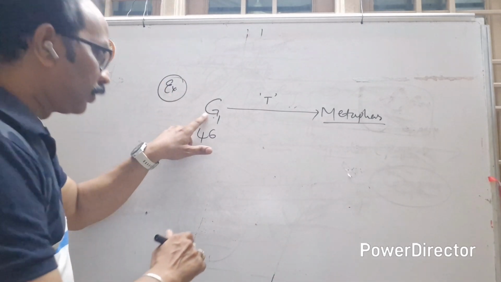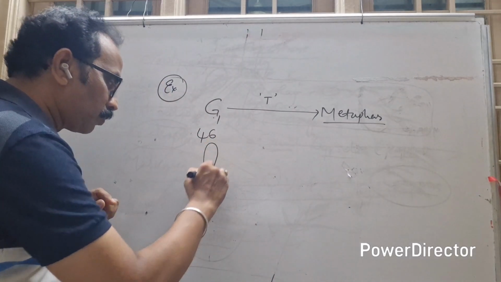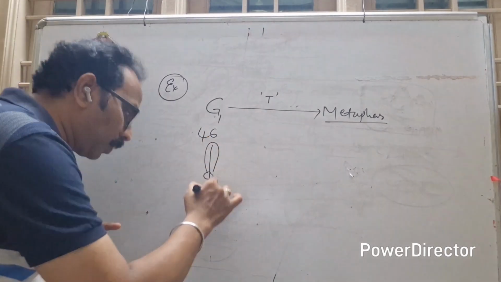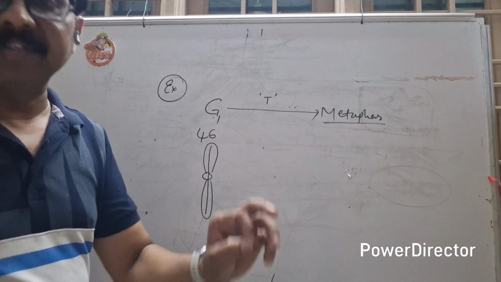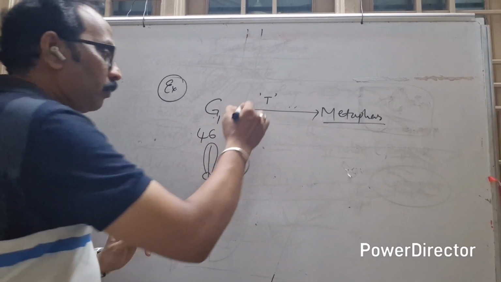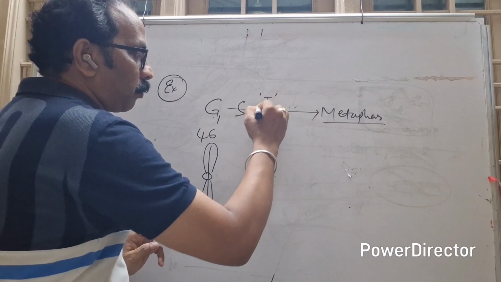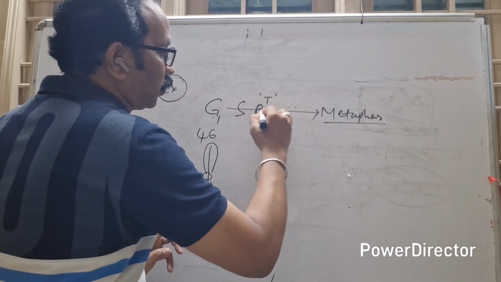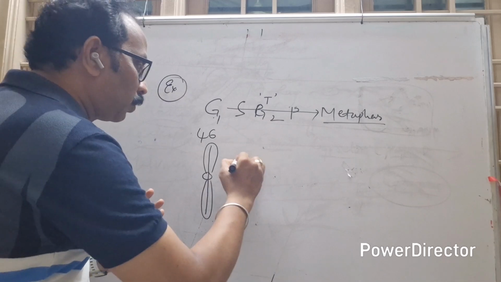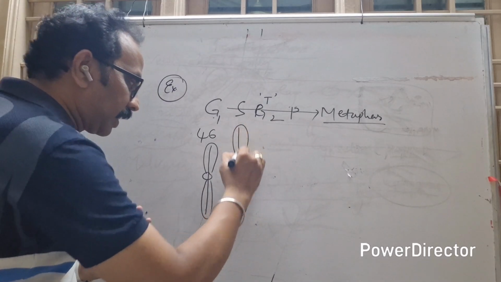The majority of students made mistakes here, but I will give the clarity. First of all, in the G1 stage, what is the ratio between chromosome and chromatid? One chromosome with one chromatid. Chromatid here means the DNA content, which is one DNA. But when we go to S phase, G2 phase, prophase and metaphase, what happens? In S phase, the DNA content doubles.